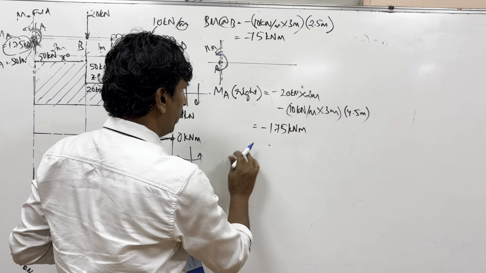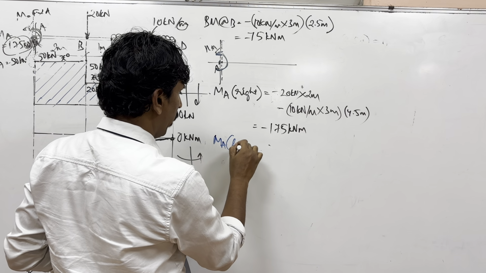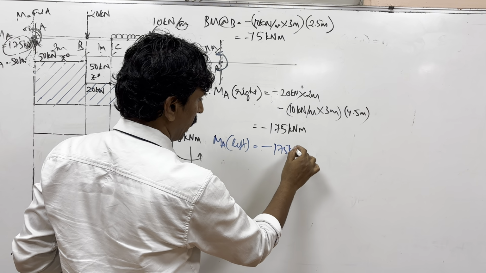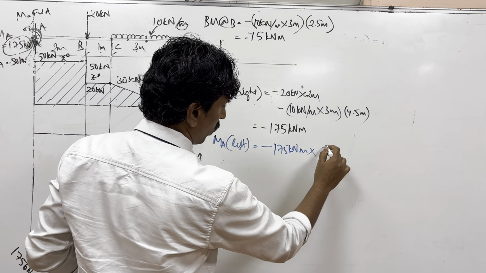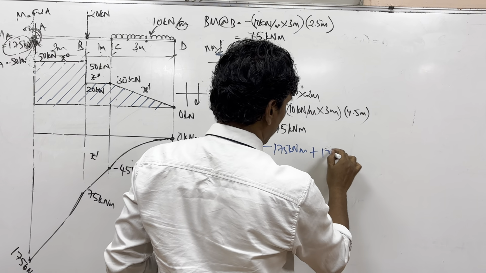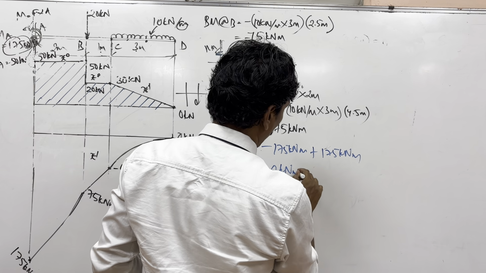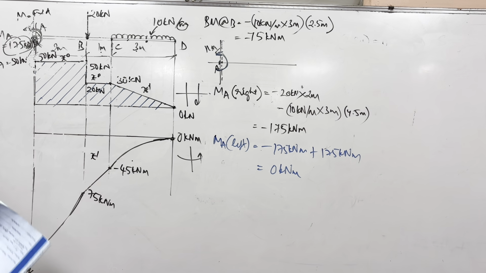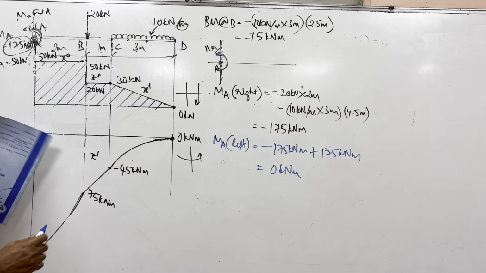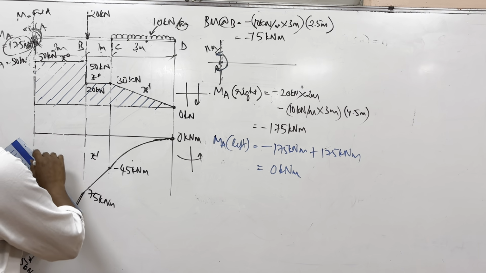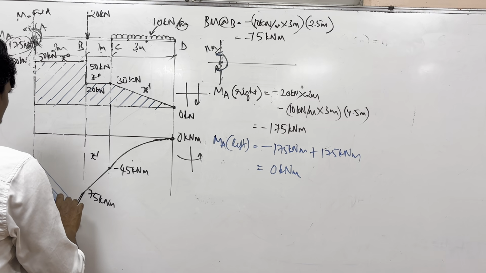So moment about A onto the left side of A is minus 175 kilonewton meter plus 175 kilonewton meter, which becomes 0 kilonewton meter. But people just take this value and do it. I think it makes no difference. So once you have done this, you need to shade this area. You can shade it to the left side or right side, whichever way you want.